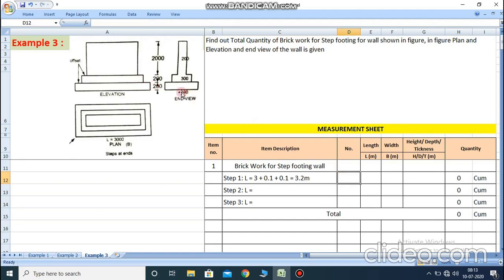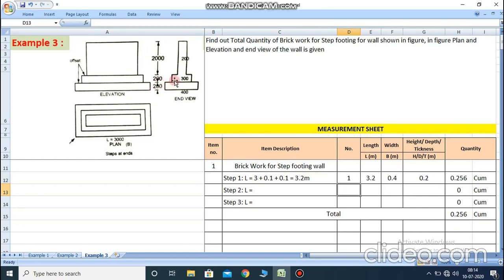This wall is a single wall, so we write the number as 1. The length is already calculated as 3.2 meter, and the width is taken from the end view figure. Here 400 mm, converted into meter, is 0.4 meter, and the height or thickness, already given in the elevation, is 200 mm, so we write 0.2 meter. So the total quantity is 0.256 cubic meter.